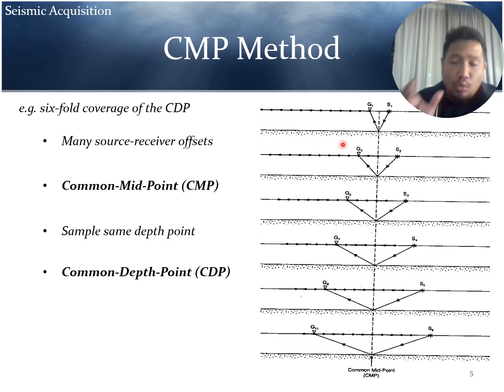End-shot technique is where the shot is always in front of G1, or geophone number 1. After a shot is applied for the first time, the acquisition setup will shift to the right. We bring all the instruments together and move them to the right.